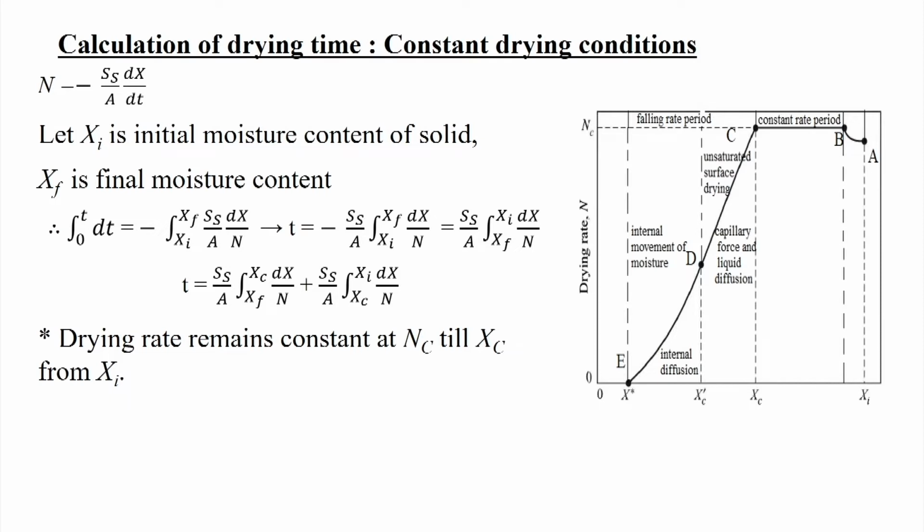Integrating this equation from 0 to t, with respect to minus Ss by A dX by N, we get t in terms of Ss by A and N. The drying rate remains constant at N_c till X_c, starting from X_i, where X_c is the point when the constant drying rate stops.